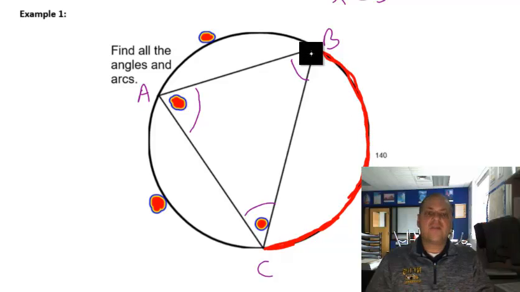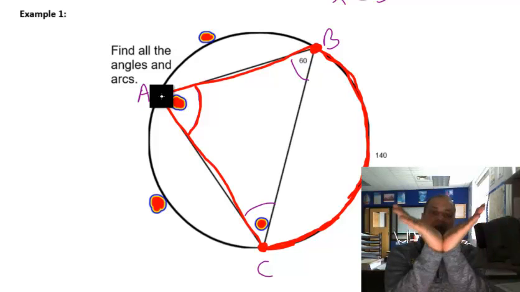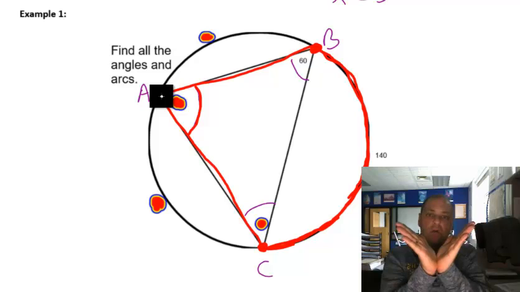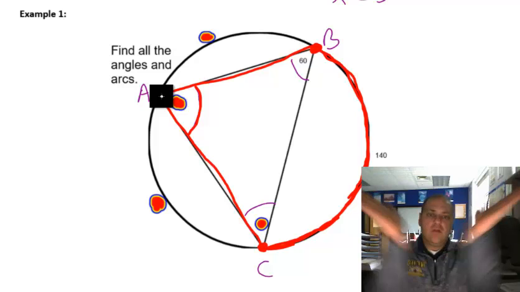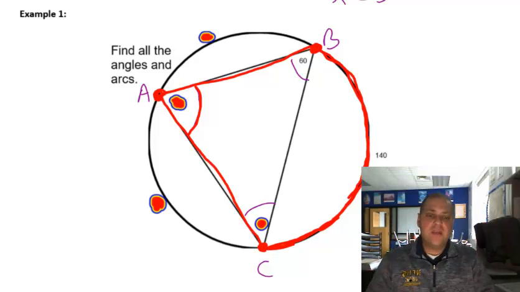That is my intercepted arc. Why? Because it's B, C, and I want angle A. So here's vertex A. A goes to B, and A goes to C. So if this is angle A right here, what does angle A hit? The rays of angle A hit BC. So BC is the intercepted arc.